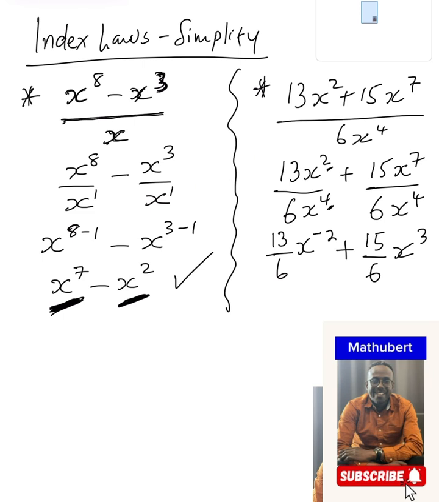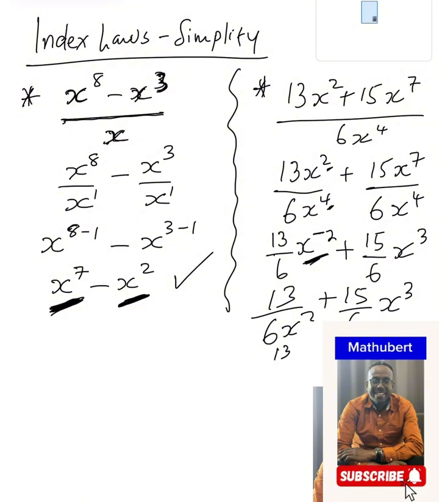But remember, when you have x to the power of negative 2, you can remove the negative symbol and bring the x down. You can write it like this: 13 over 6x squared, plus 15 over 6, and this remains x cubed. And if you want, you can solve this further.